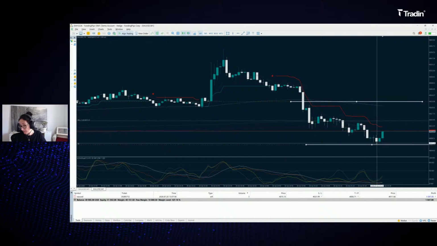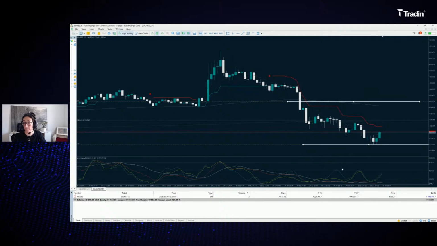This is the lowest point. I've been a few ticks away from my TP, but I don't usually move them. So it's either TP or stop loss, because the moment I start moving stop losses and everything around, I start changing my psychology. So I'd rather stay put and quiet. Once I'm in a trade, I just leave it.